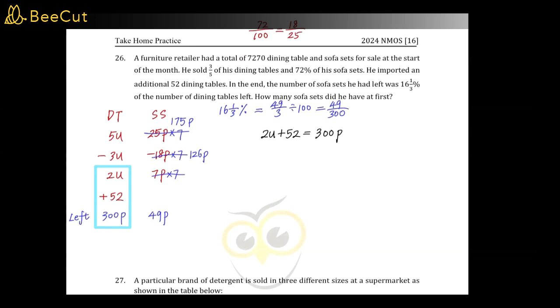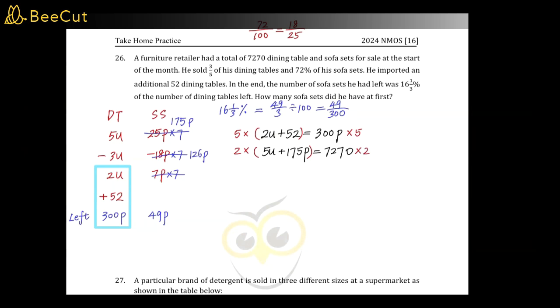Then we also know that at first, 5u plus 175p equals 7270. Now let's get the same number of units. This 2u and 5u, LCM is 10. So the first equation, everything times 5. Second equation, everything times 2.